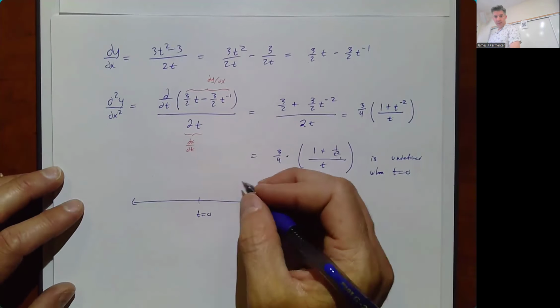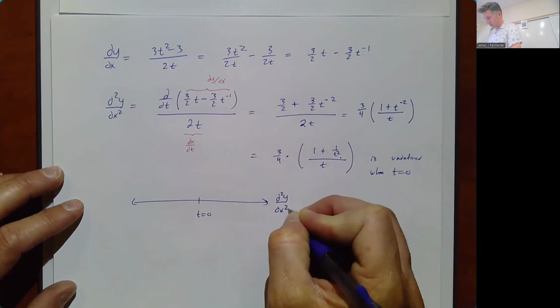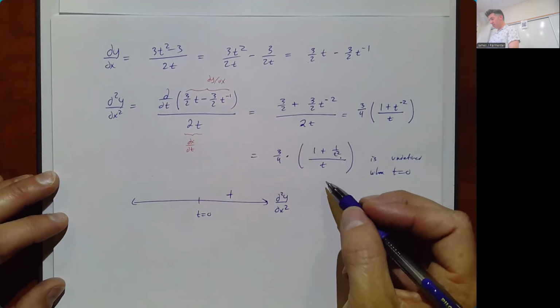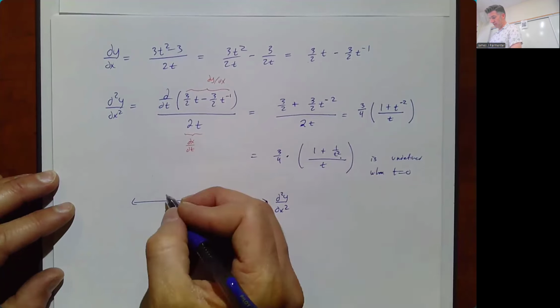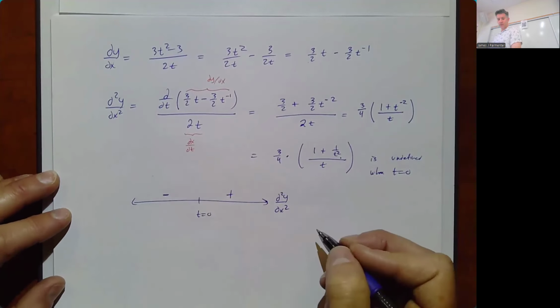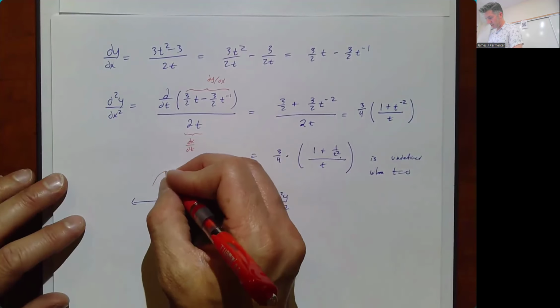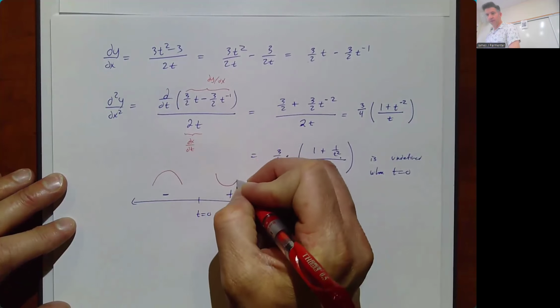So my second derivative, d squared y/dx squared, is positive when t is greater than 0. And if t is negative, the numerator is still positive, but the denominator is now negative, so the whole thing is negative. That means my function is concave down when t is negative and concave up when t is positive.